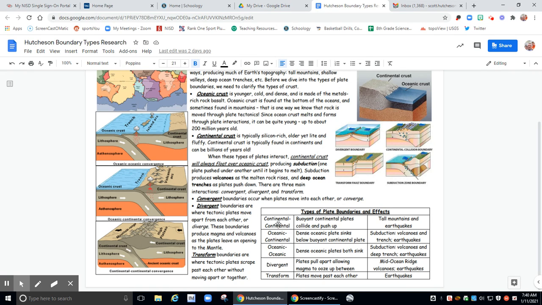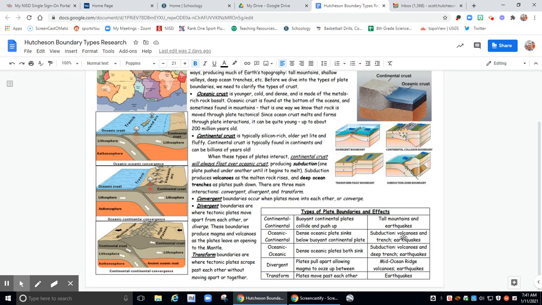So when two continental plates collide, usually it's the older crust that will sink, and we do get tall mountains and earthquakes from that. When an ocean and a continental plate collide, we have the dense oceanic plate sinking, which again is subduction, below the more buoyant or less dense continental plate.